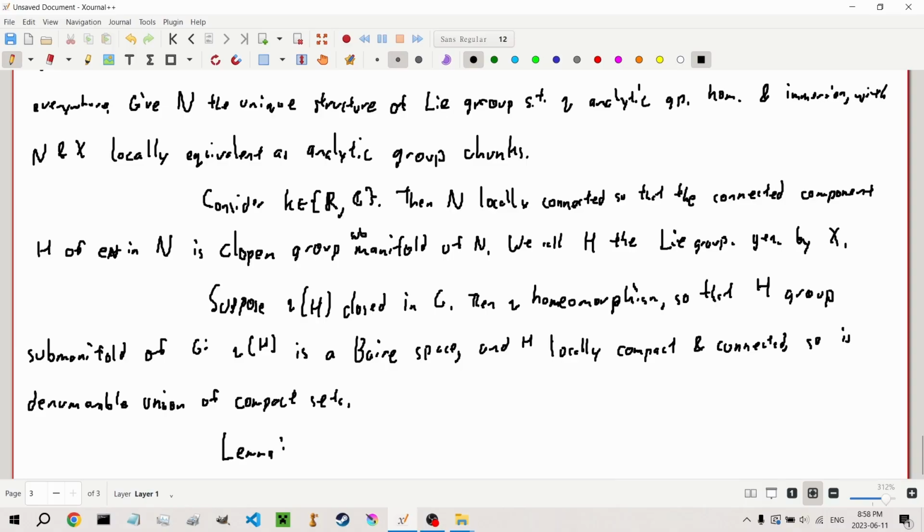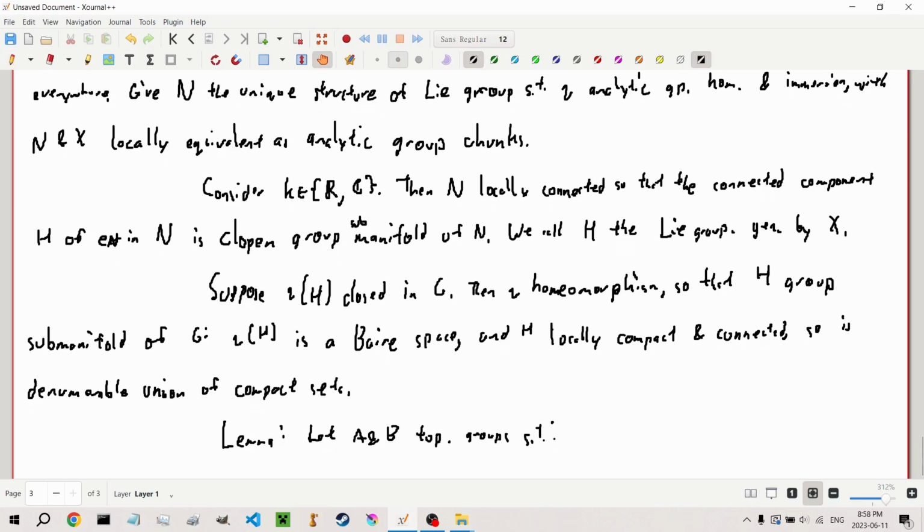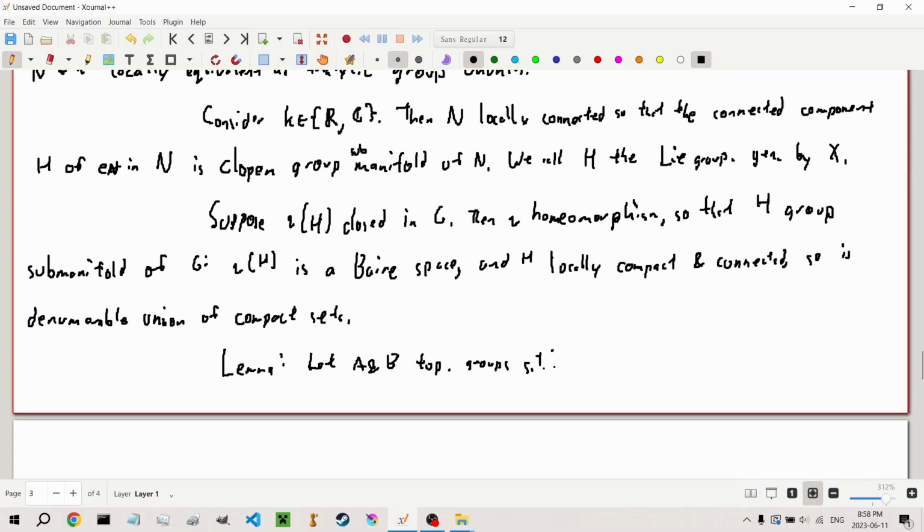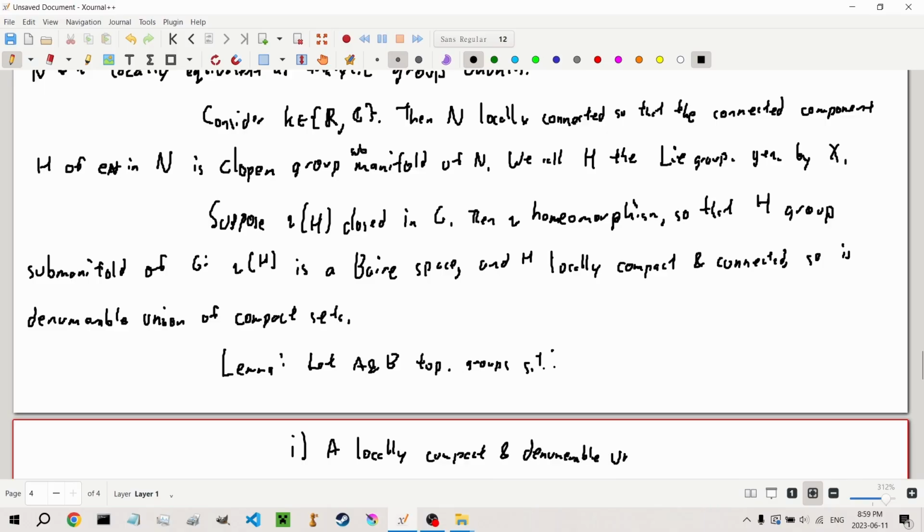First off, we get this from a lemma where we're going to let A and B be topological groups such that, first off, A is locally compact and a denumerable union of compact sets.